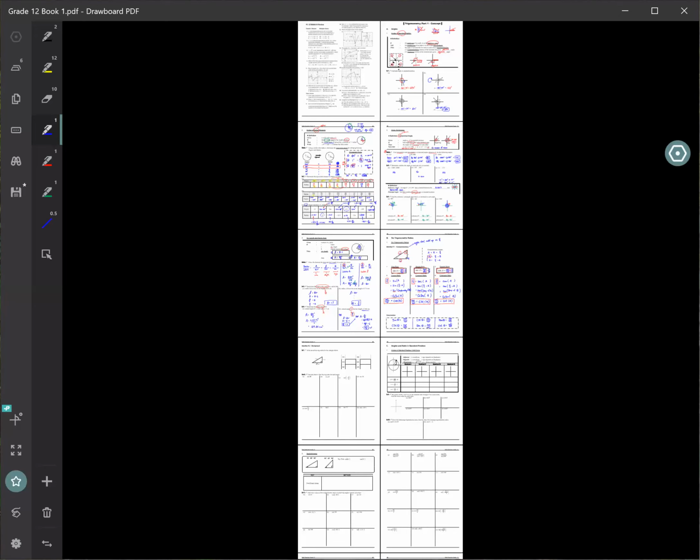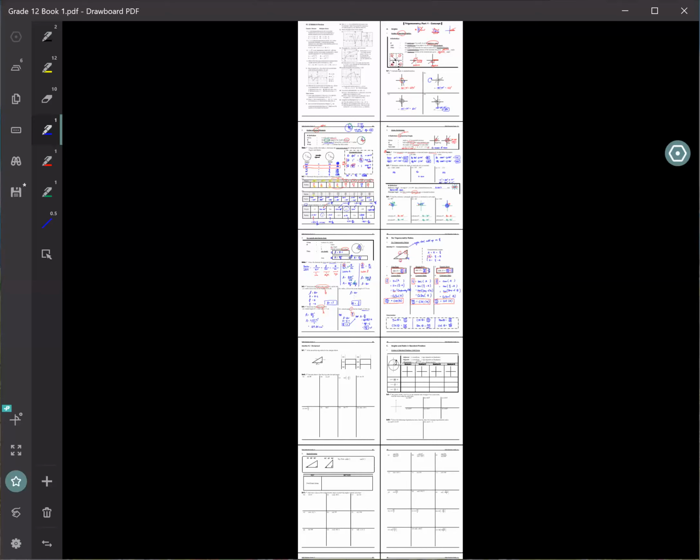Samantha? Cosecant is hypotenuse over opposite. Secant is hypotenuse over adjacent, and cotangent is adjacent over opposite. Very good. Next one, Tiana. Cosecant is hypotenuse over opposite.